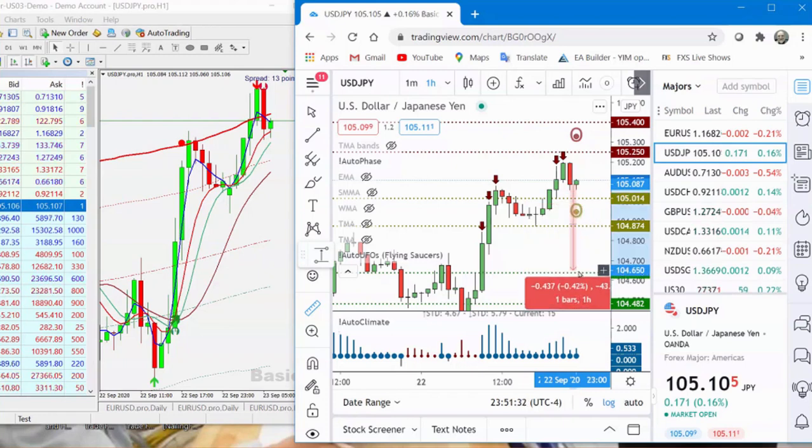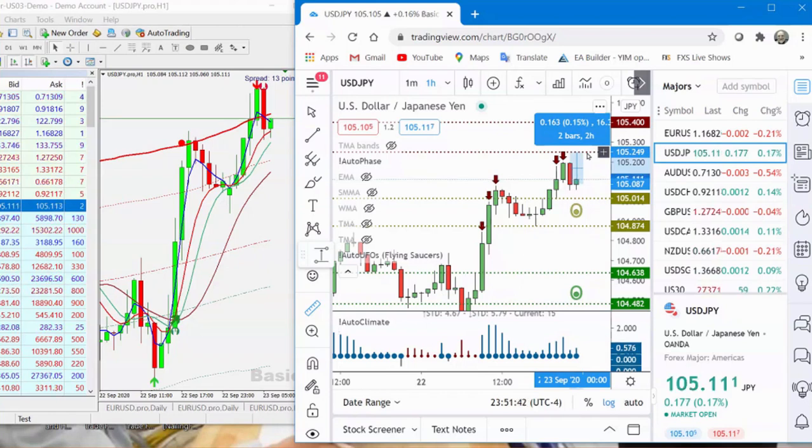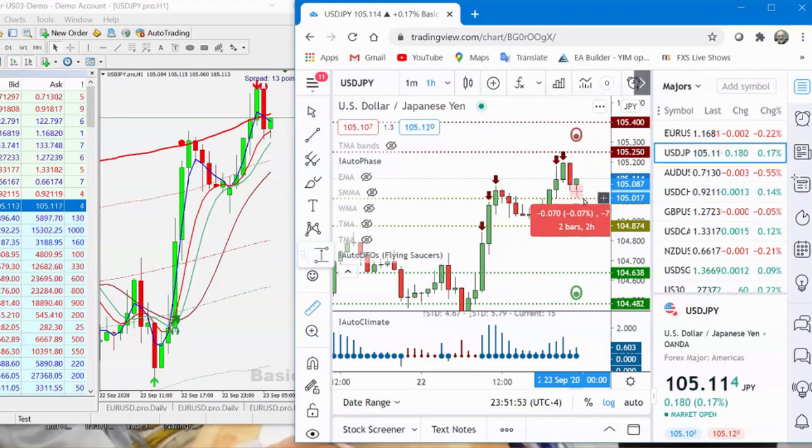I'd have to come down to here. That shows me 44 pips coming up this way. This is 16 pips. This area might be a concern.